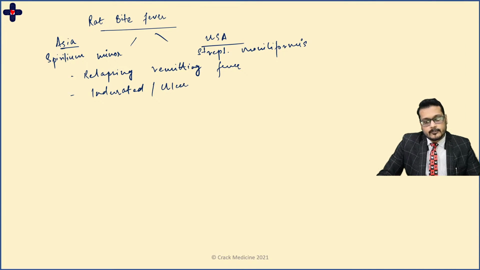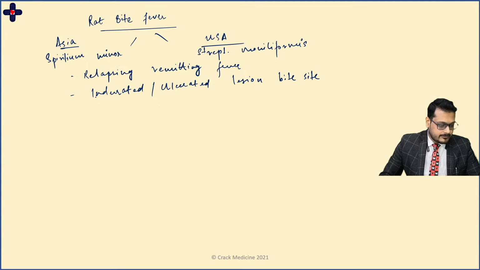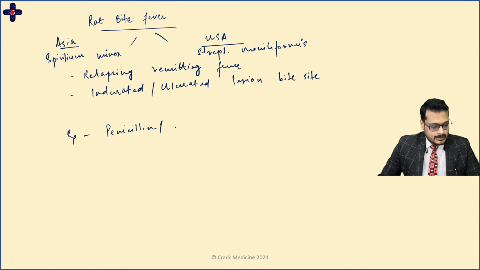And how do you treat it? As simple as that. Like I said, animal kingdom, you treat it with doxycycline. But in this case you can also treat it with penicillin. But if the patient is somehow allergic to penicillin, then you can go ahead with tetracyclines.